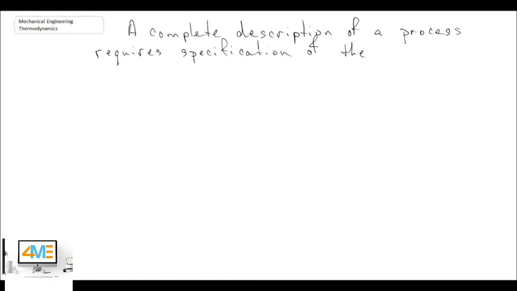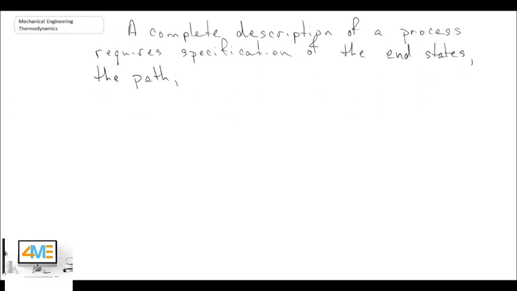You need to know where it begins and where it ends. So we need to know the end states. That was 1 and 2 on the previous process diagram that we just looked at. We need to know the process path. So which way is the process going, and which pressure and volumes does it go through as it goes from state 1 to state 2.